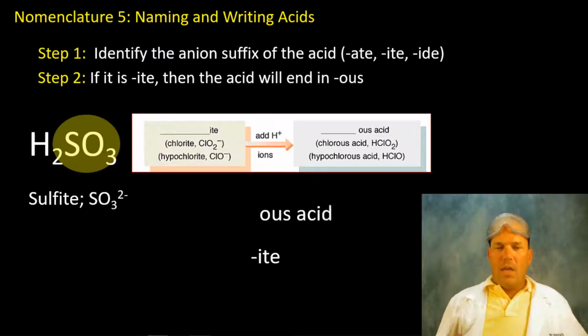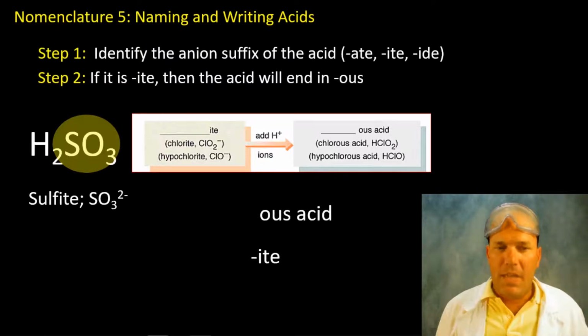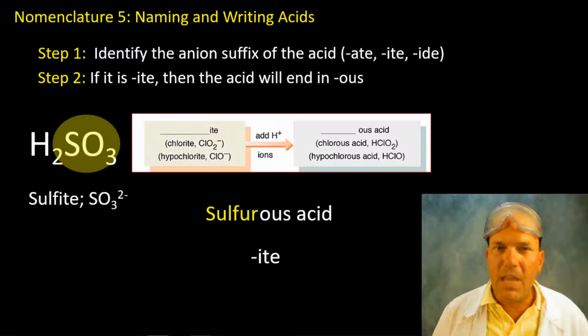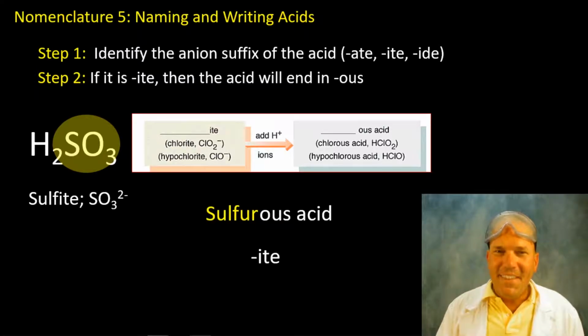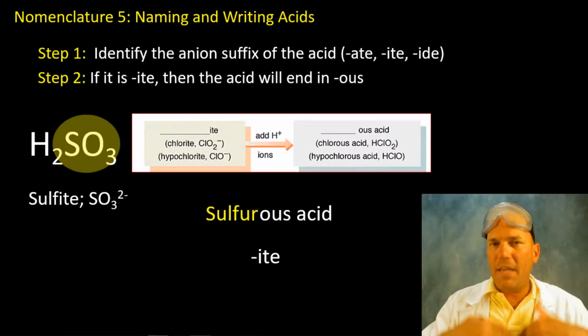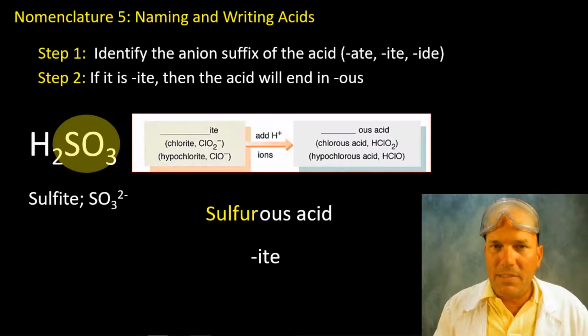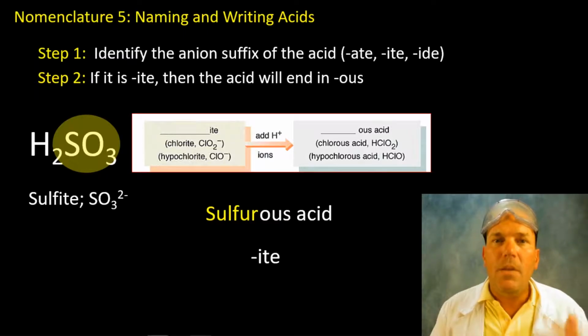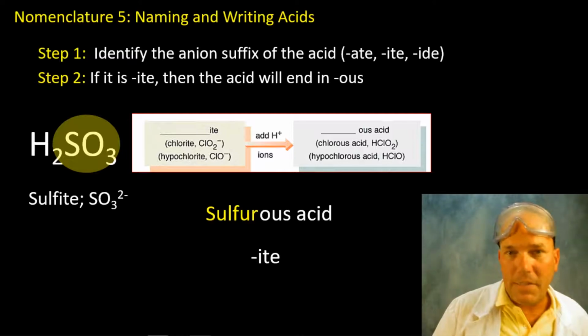So, sulfurous acid, sulfurous acid. Okay? See how I'm kind of modeling that, practicing of saying it until, oh, sulfurous acid. Okay. And that is the correct name for this acid.